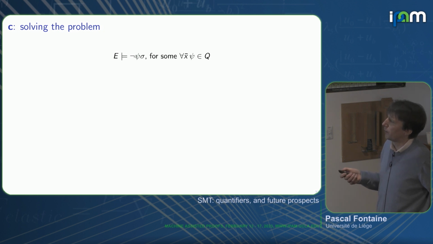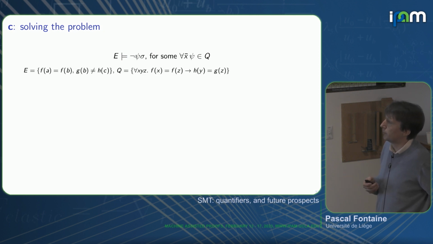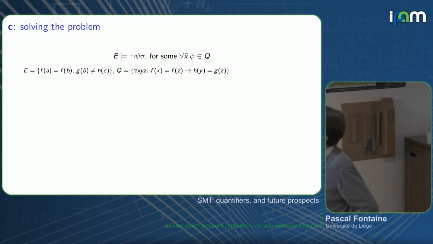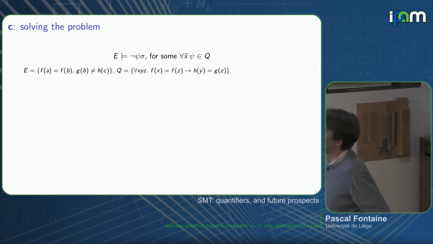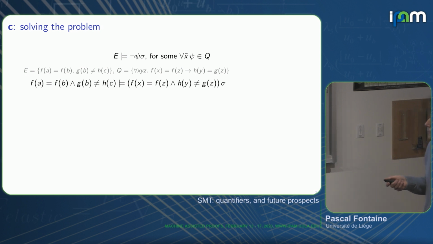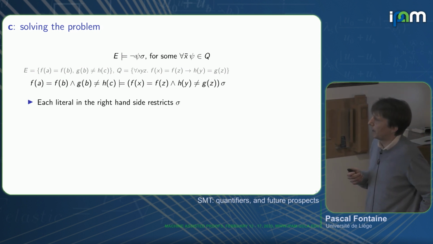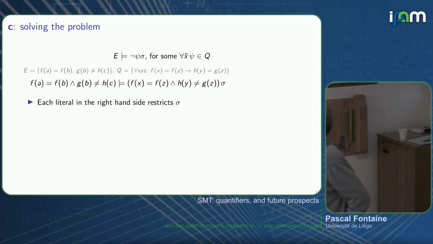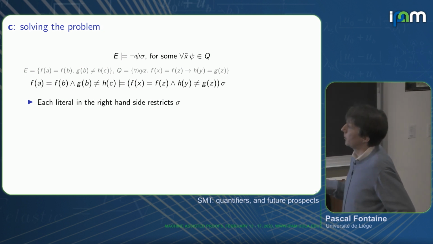This comes down to finding a sigma such that the negation of psi is entailed by E. If we have E, which is this, and Q, which is this, that means my psi is just this. We transform it into this problem, and ask what is the right sigma so that this is a logical consequence of this? Well, f of x has to be equal to f of z.